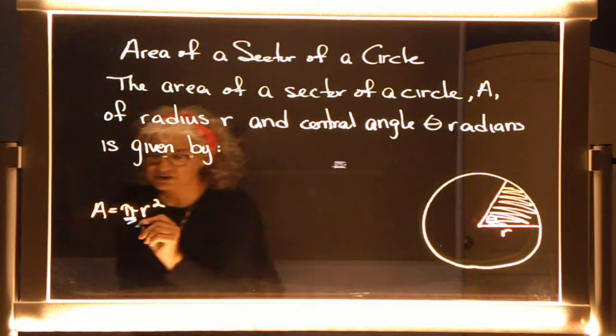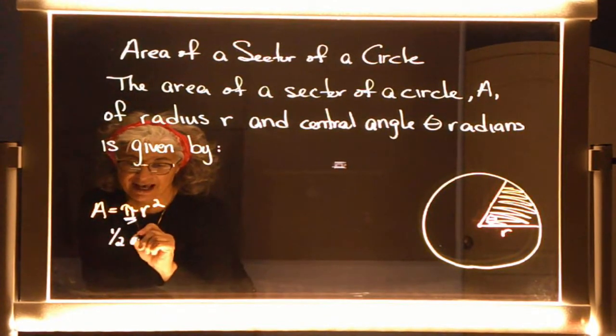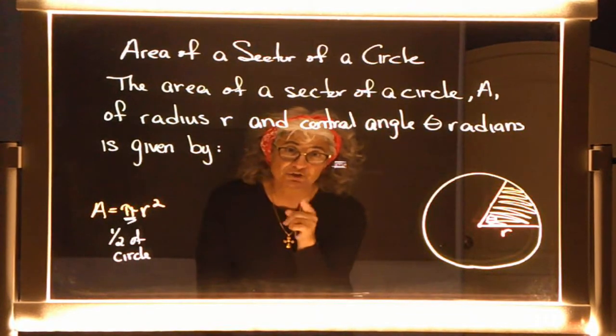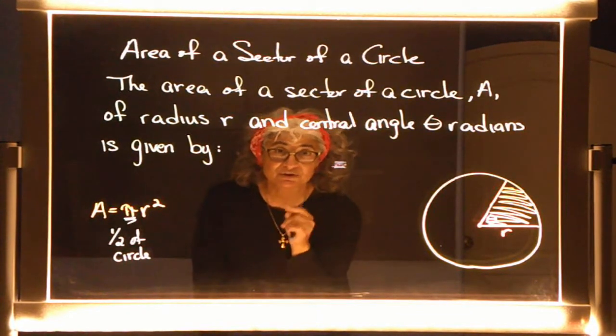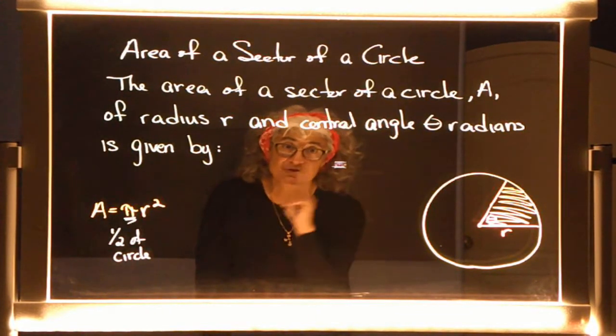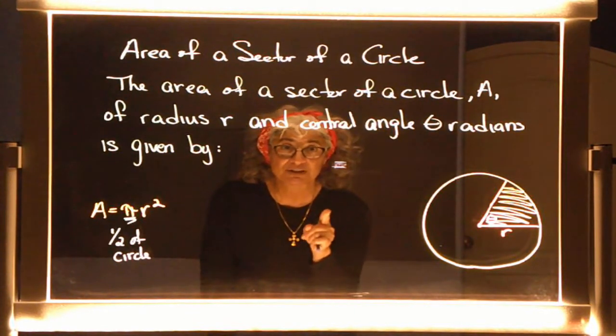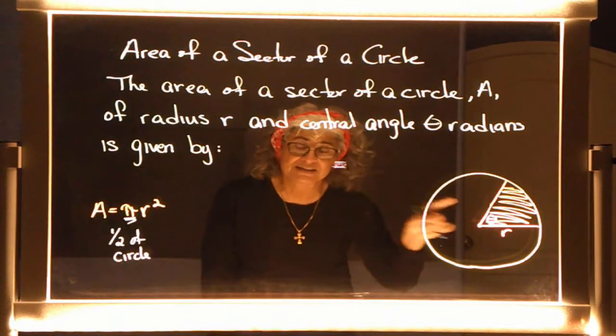It's half of a circle. Pi is half of the circle, isn't it? We didn't take 2 pi, we only took half of the circle to find the area of an entire circle, didn't we? So check out what this formula looks like to find the area of a sector.